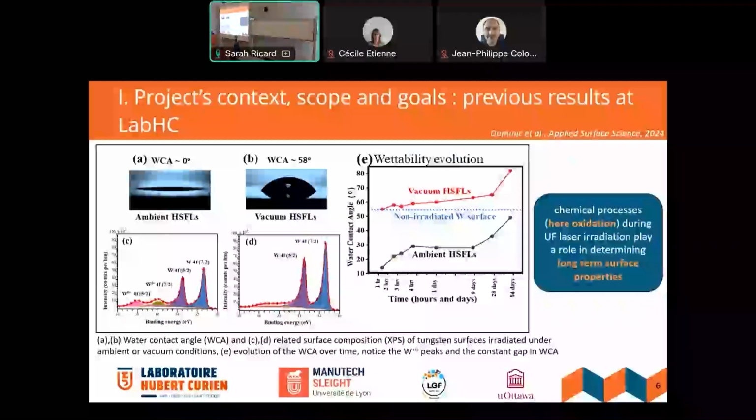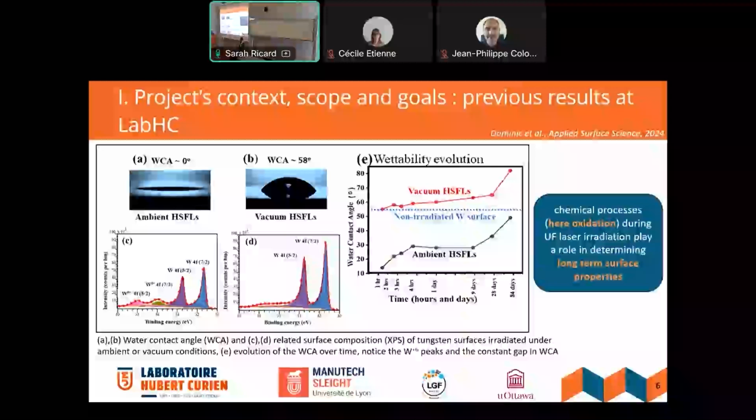But it certainly plays a role in the long-term surface properties. Because as you can see here, if you irradiate under ambient conditions, you get oxidation. So those two peaks indicate oxidized tungsten. So you've oxidized your sample under ambient conditions, which is logical.